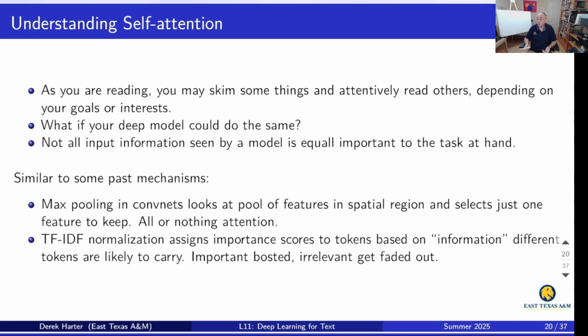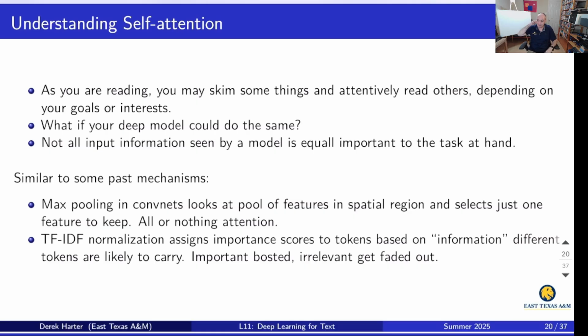The pooling layers in convolutional networks, I described them as doing some downscaling. But you can think of, for example, max pooling. If you're max pooling over a 2x2 window of 4 features, it is a type of all-or-nothing selective attention. For that particular window, the one with the maximum is the one you pay attention to.